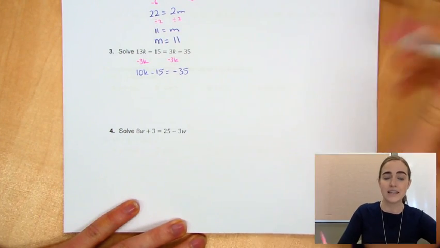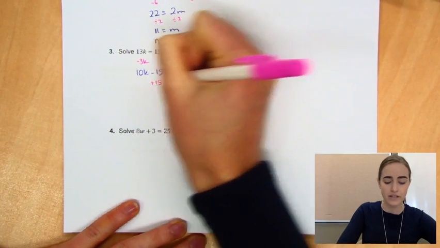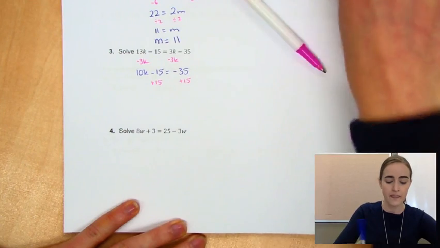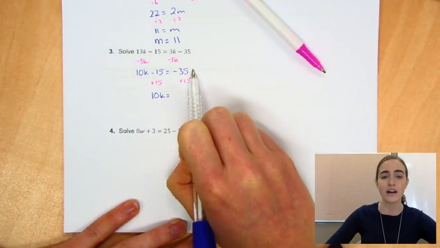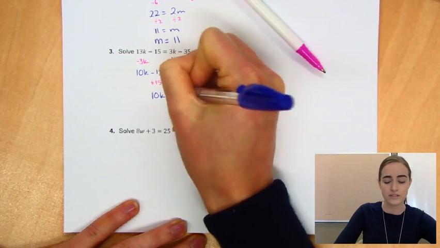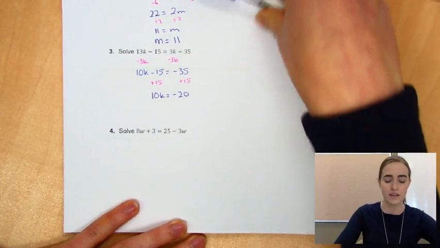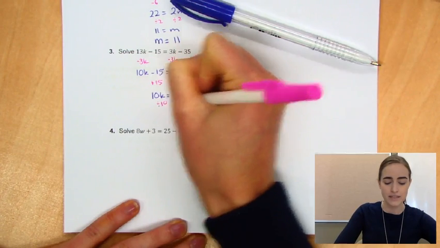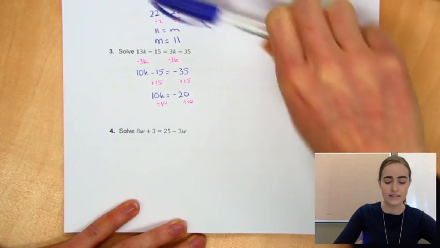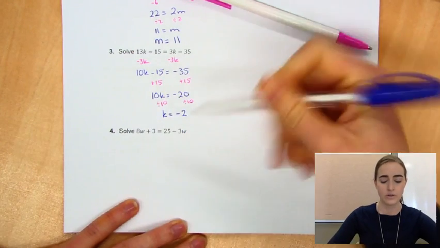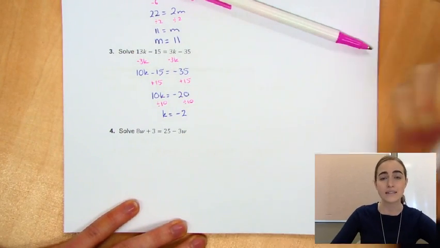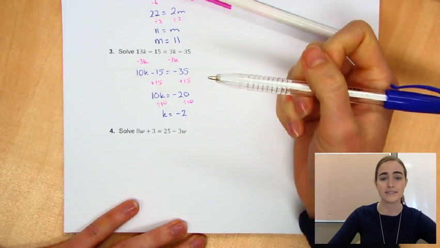So now we're aiming to get that k on its own. So we'll add 15 to both sides. So we'll have 10k equals now minus 35 plus 15 will bring us to minus 20. And then we'll divide both sides by 10 to end up with k equals minus 2. Again, with all of these, you can substitute back into the question to make sure it makes sense.